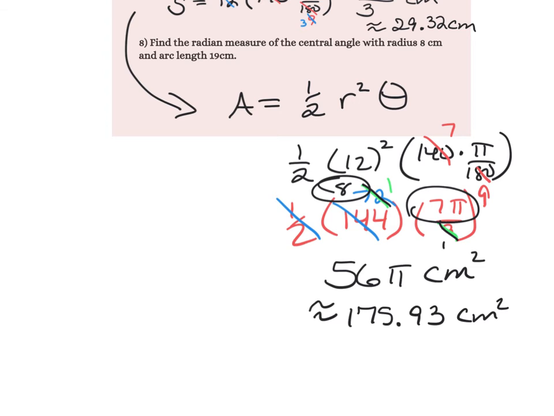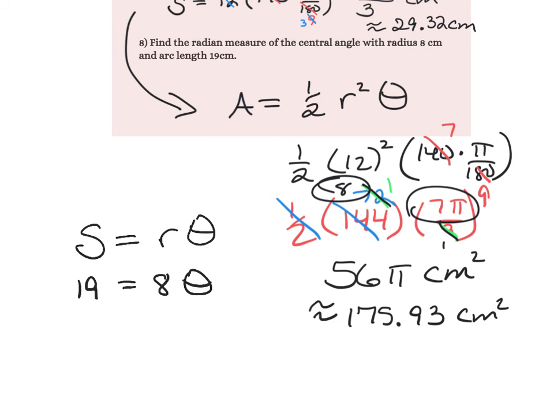So this one's asking us to find the measure of the central angle, and you had to do stuff like this in the homework. The formula again for arc length is S, representing the arc length, equals radius times theta. They gave us the arc length this time, 19 centimeters. They gave us the radius, and we don't know theta.